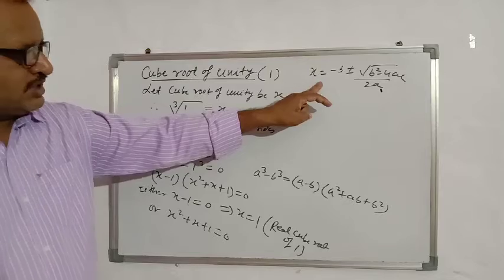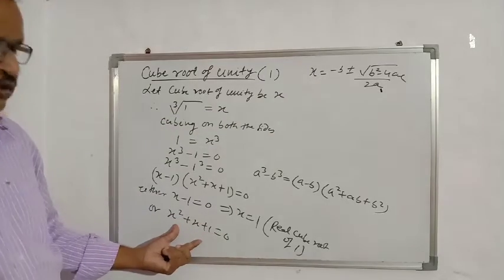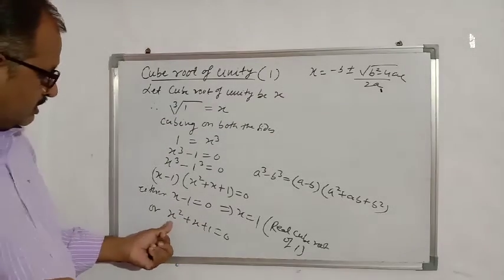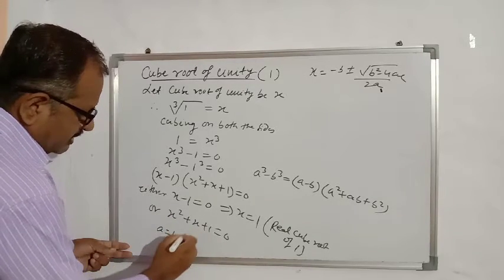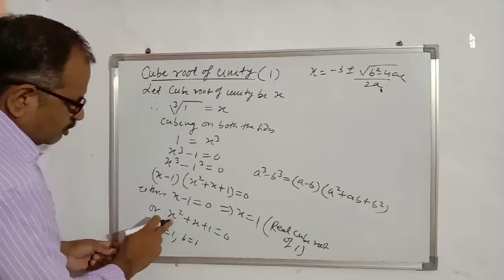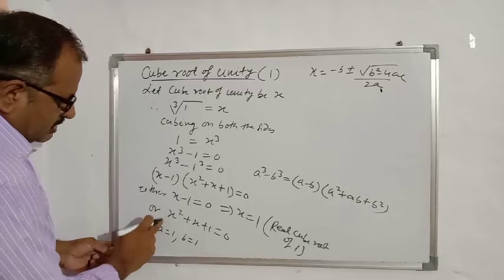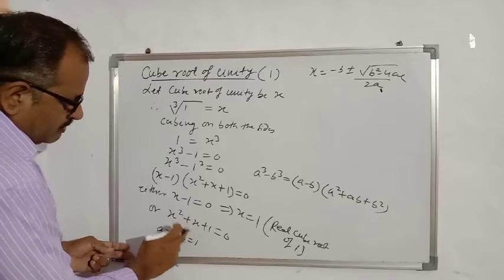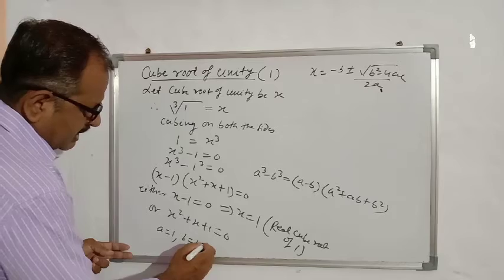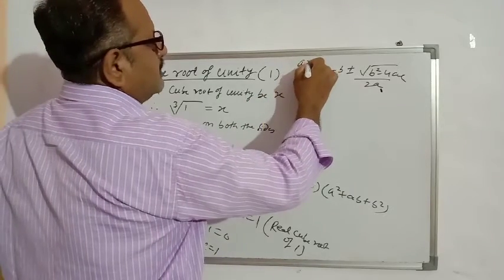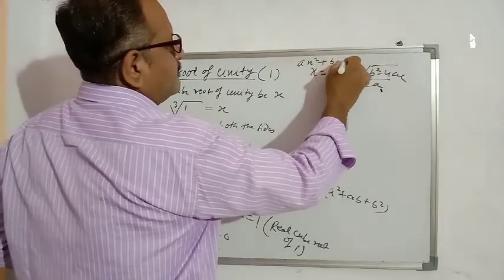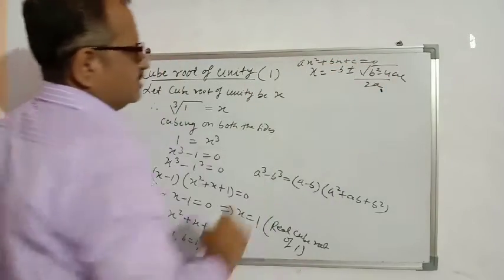So using this formula, we can find the value of x. What is a here? A means the coefficient of x square, b is the coefficient of x, and c is the constant term. The equation is like this: a x square plus bx plus c is equal to 0.